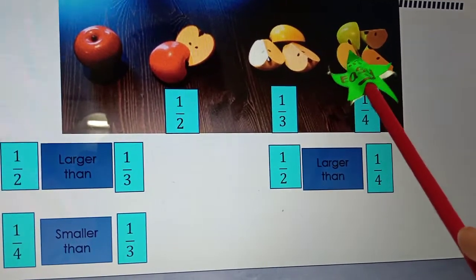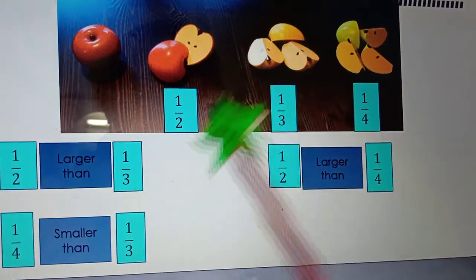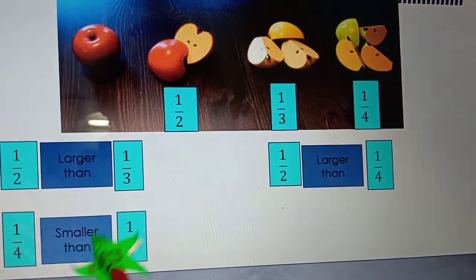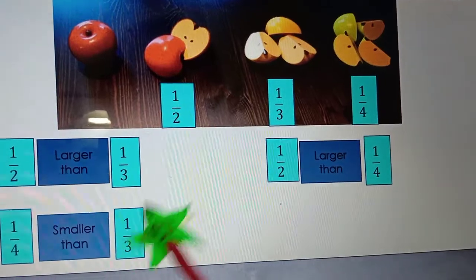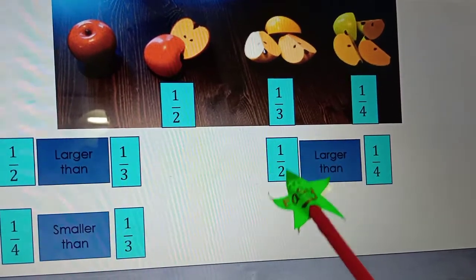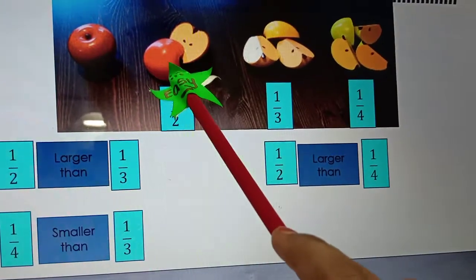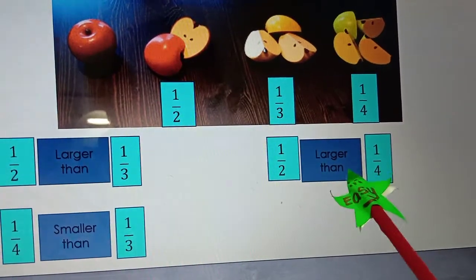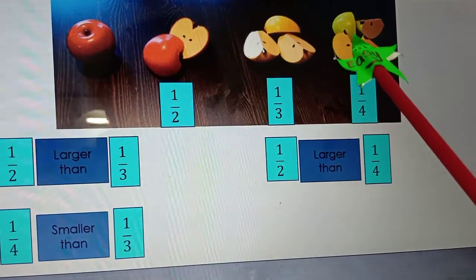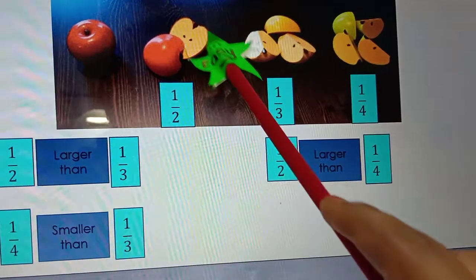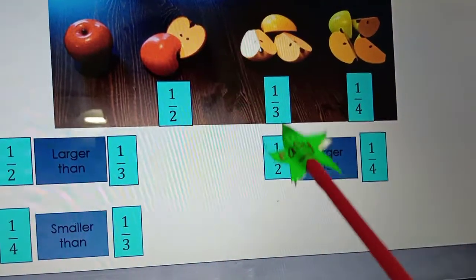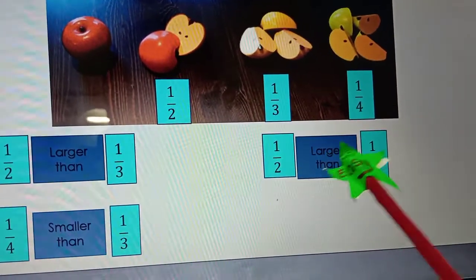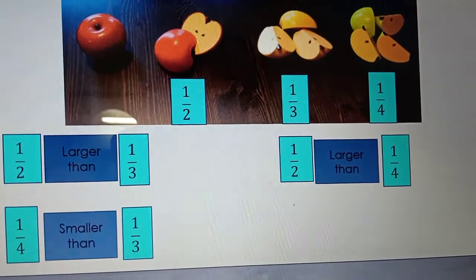One piece, smaller, right? Smaller than this one. So 1/4 is smaller than 1/3. Okay, you compare this one. 1/2 is larger than 1/4. See? Small piece, isn't it? This one big, right? So 1/2 is larger than 1/4.